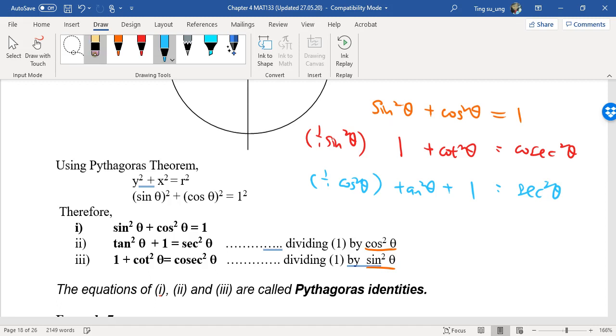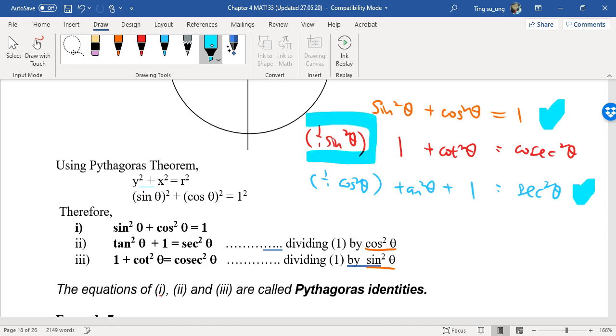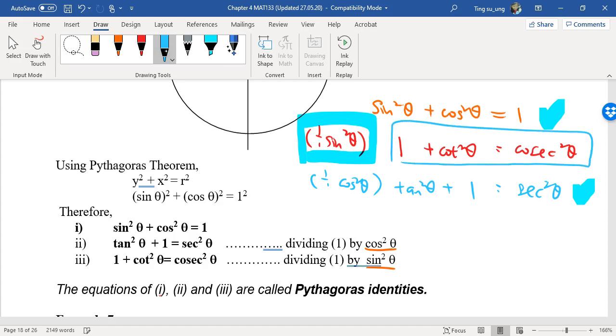But as I mentioned just now, since this is given, and also the third one has been given, you just need to remember to divide with sine square to get the second formula.